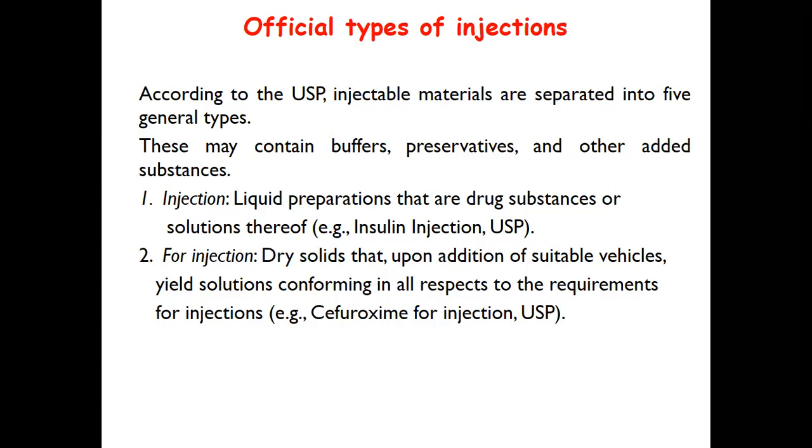There is a need for preservative as these are directly administered into the blood or body fluid. There is a need to inhibit microbial growth, or it should be free from microbial growth. So for this, preservatives are added, and also other substances such as vehicle, antioxidants, bulking agents based on the type of preparation.